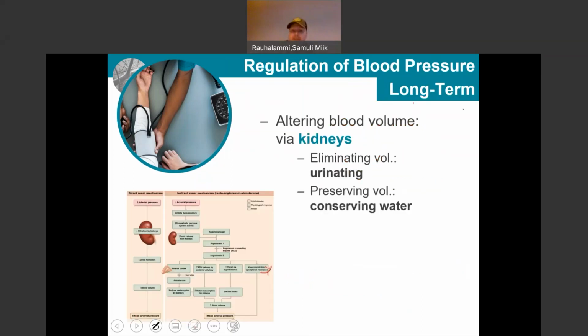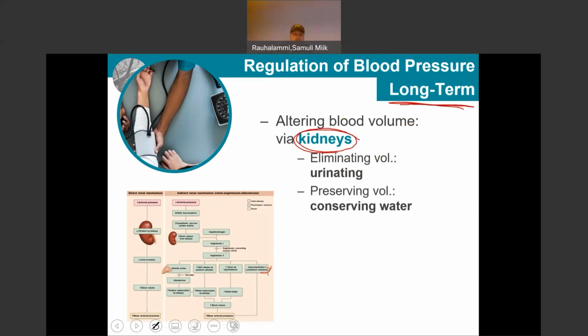Long-term regulation of blood pressure gets a little bit more complex, and this all is through the kidneys. Changing the blood volume then changes the blood pressure. I provided an explanation of this in your lecture videos, so I won't go into that at this time in this review.